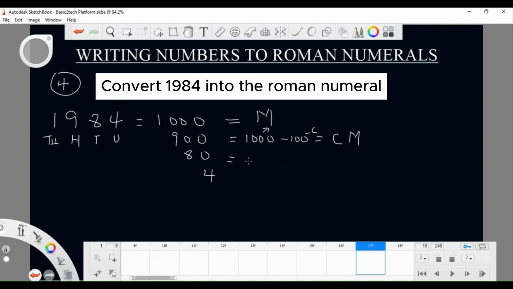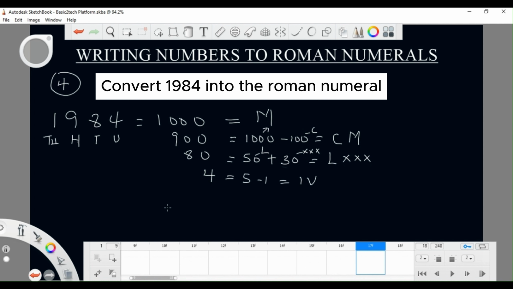For 80, we add 30 to 50. So 50 is L and 30 is XXX. Because we are adding, the large symbol comes first before the smaller symbols. 4 again is 5 minus 1, so it's IV.